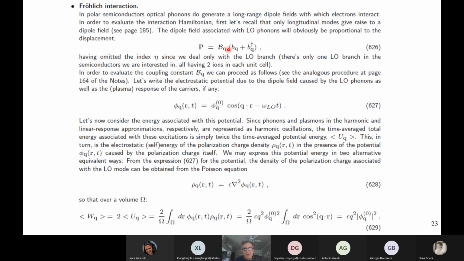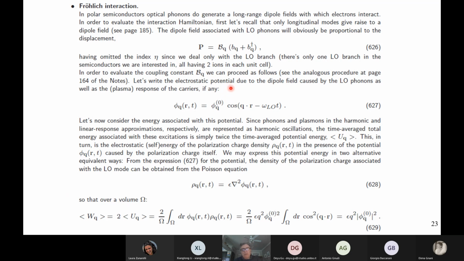What we can do instead is follow the same kind of techniques that we used, if you remember, when we were dealing with the amplitude of the potential due to a plasmon in second quantization, with the similar situation that we saw for the electric field associated to a photon, the displacement of an ion due to a phonon, and so on. We could use a canonical quantization procedure, which would be a little bit cumbersome in general, but you can follow it.